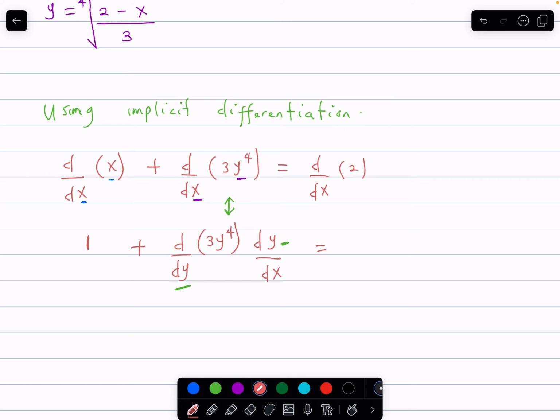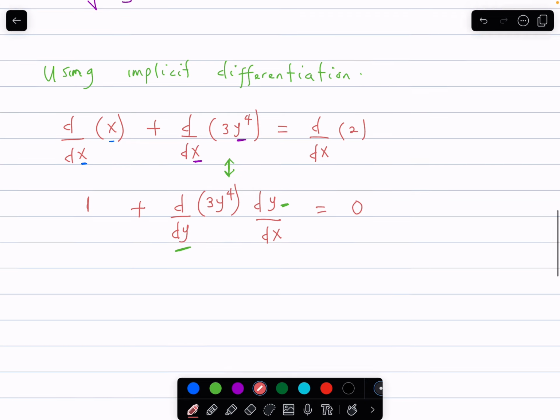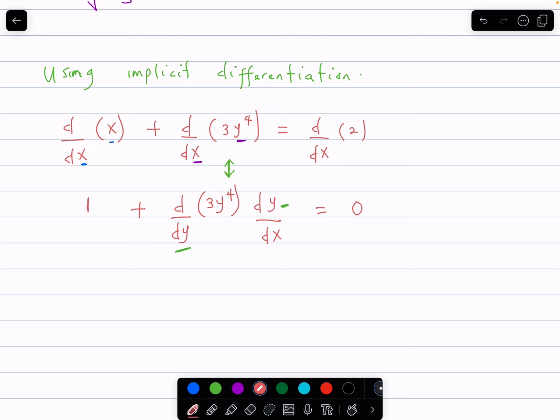The derivative of a constant here is just 0. So I will have 1 plus d/dy of 3y to the power of 4, which using the power rule is 12y to the power of 3, times dy/dx, equals 0.